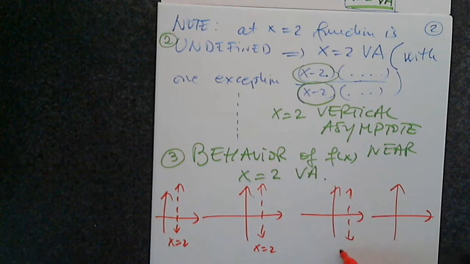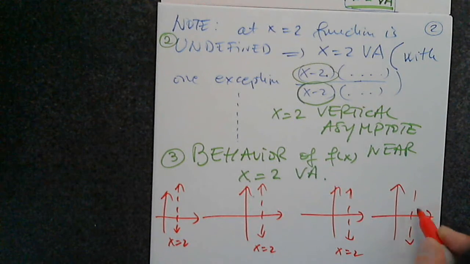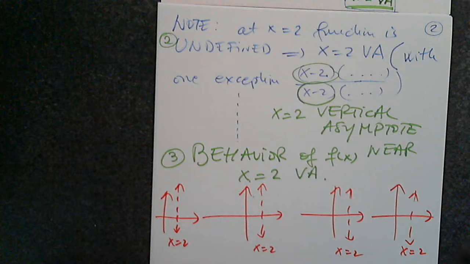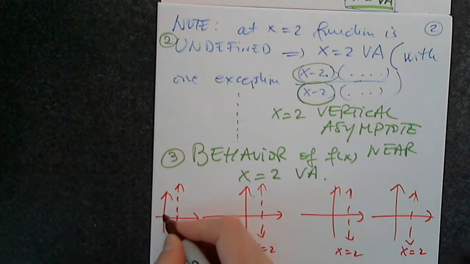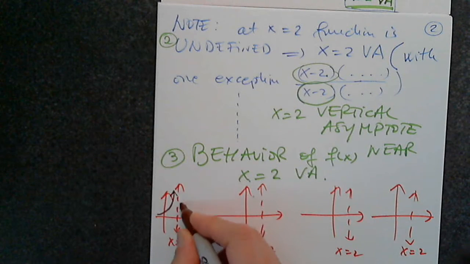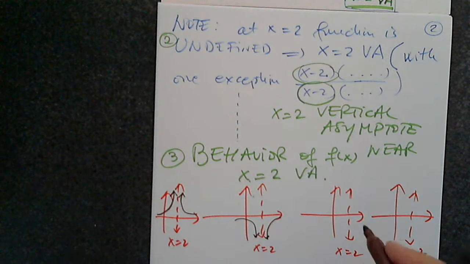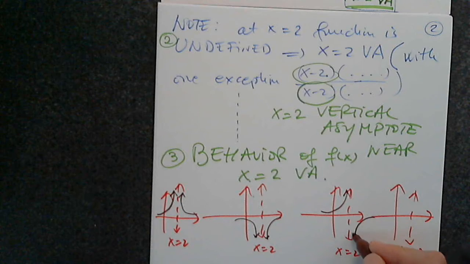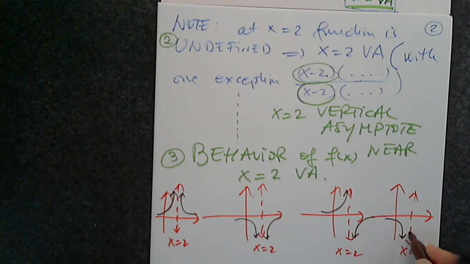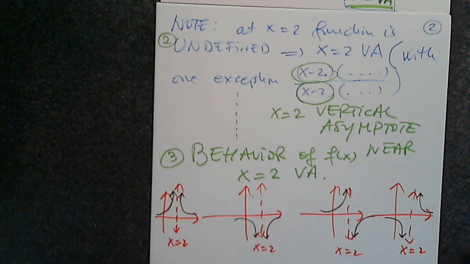There are 4 possibilities for this function. Infinity and infinity. Negative infinity, negative infinity. Positive infinity and negative infinity. Negative infinity and positive infinity.